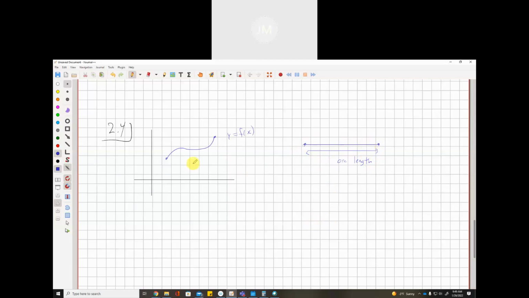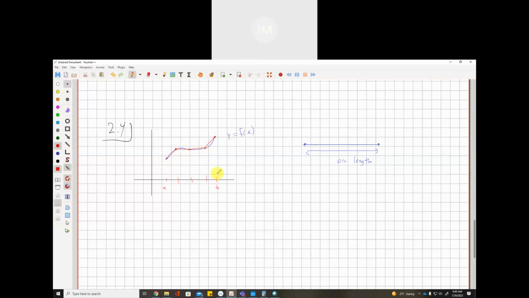So what we're going to do is we're going to take this curve, right, from A to B, and we're going to break it up into pieces. And on each of the pieces, we're going to say, all right, just follow a straight line from point to point. So if I follow a straight line, I can find the length of that line segment, and I can add those up, and that approximates my arc length.